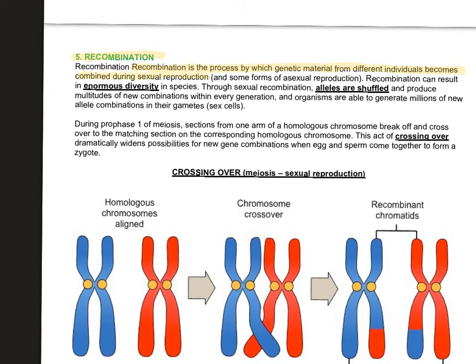Recombination can result in enormous diversity in species. So that means increase. Enormous means to increase, so let me put a little red arrow going up. It's going up, so the increase of diversity.